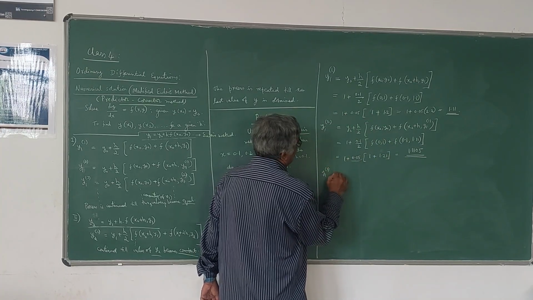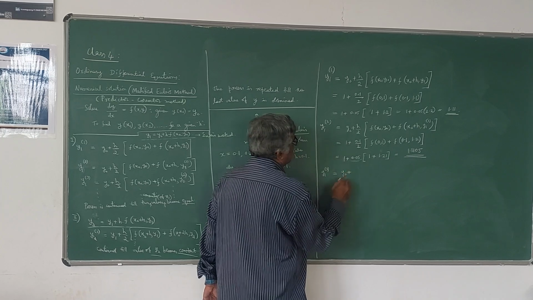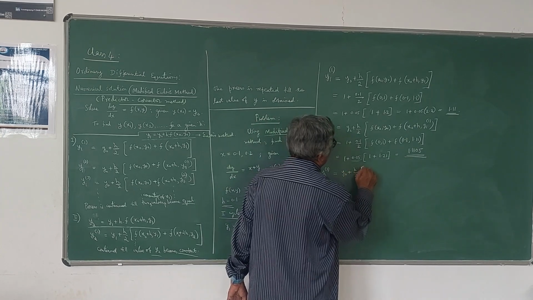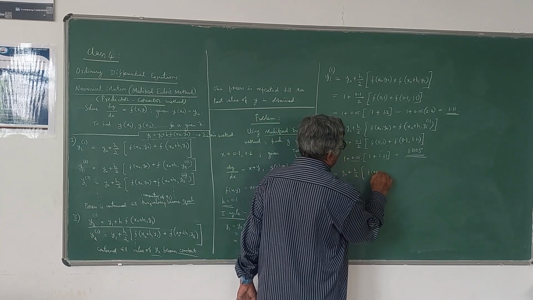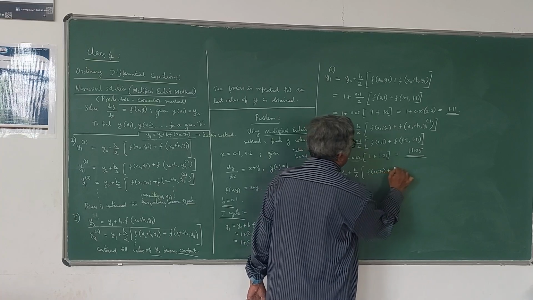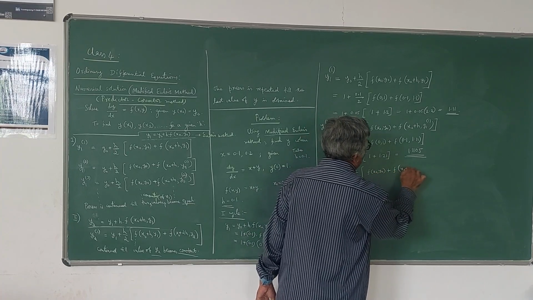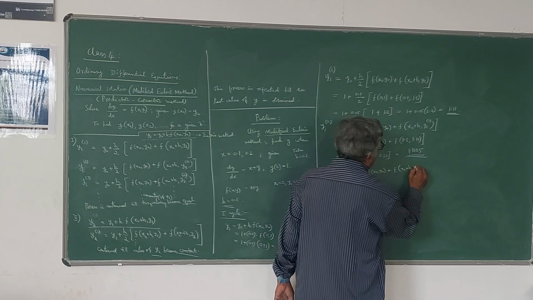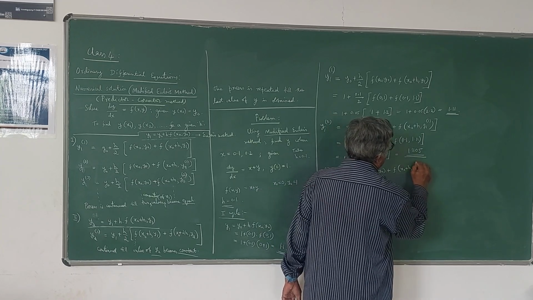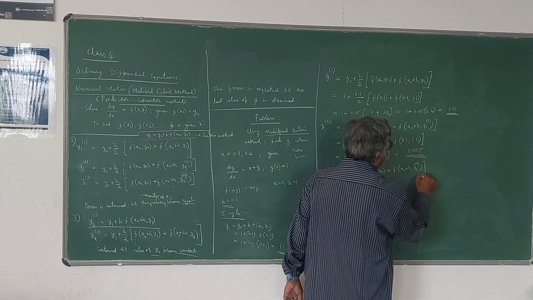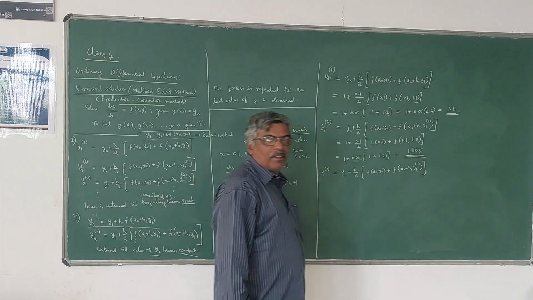y1 of 3 is y naught plus h by 2 into f of x naught comma y naught, that remains same, plus f of x naught plus h. Instead of y1 of 1 we have to write y1 of 2.